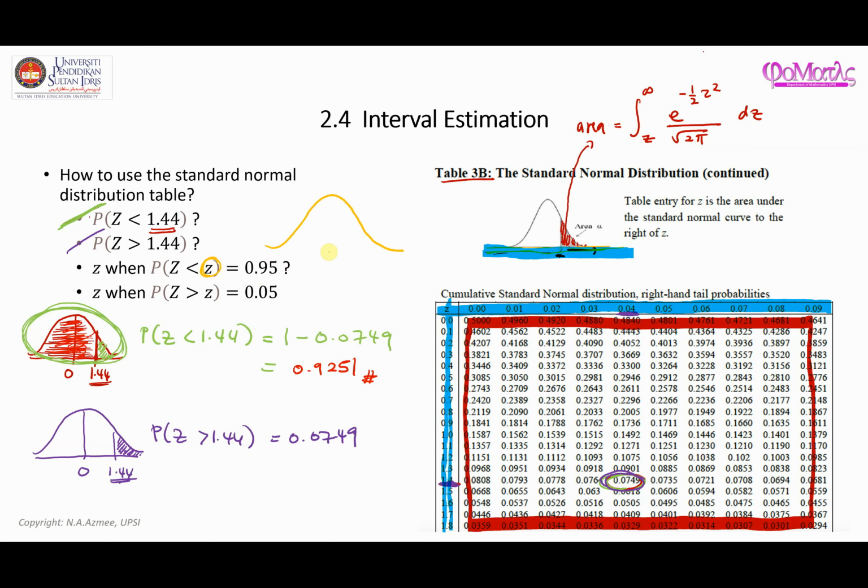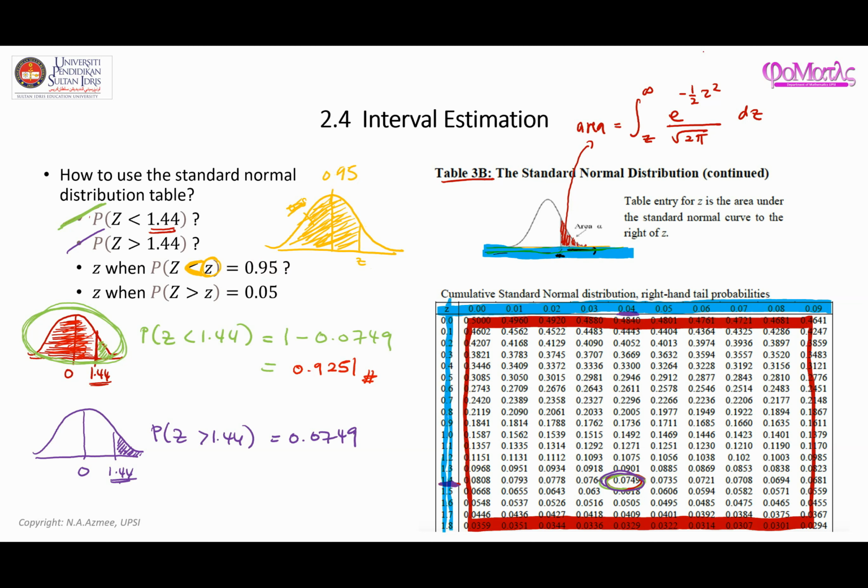We know that half of the probability is already 0.5, and since it is in the direction to the left because it is less than, this is 0.5, and it is not enough because we want it to be 0.95. So my z is going to be somewhere here, so that the total area here is equal to 0.95.